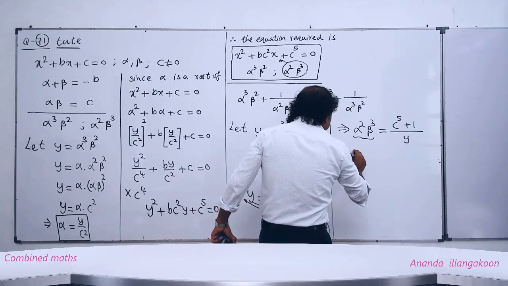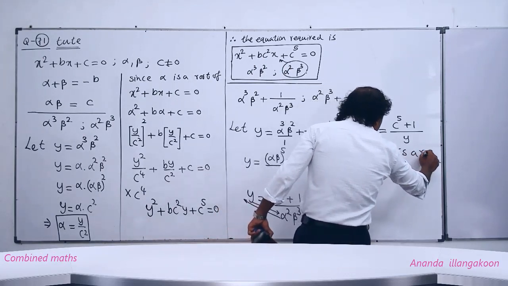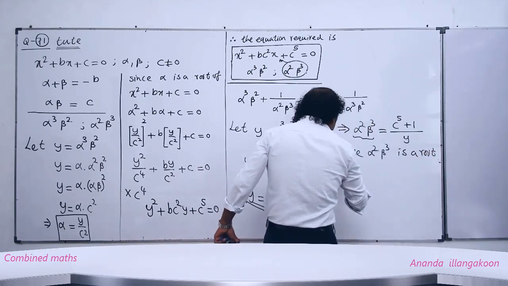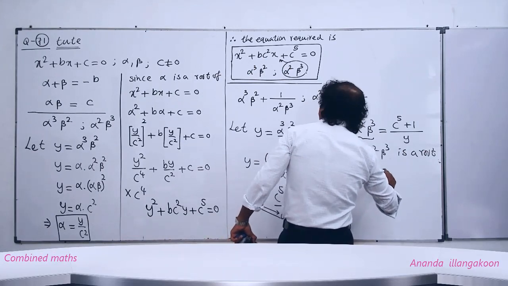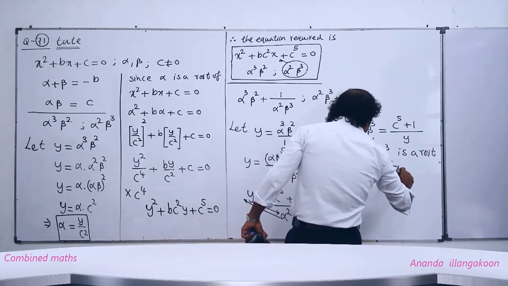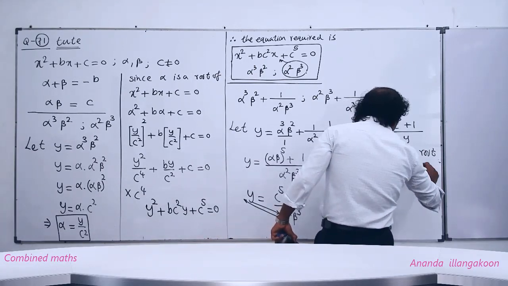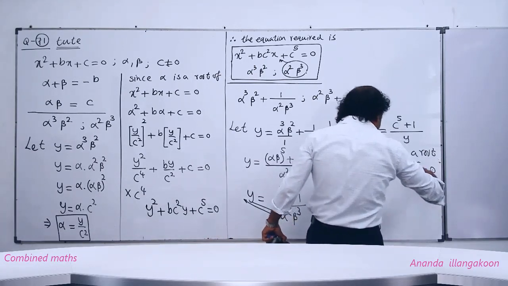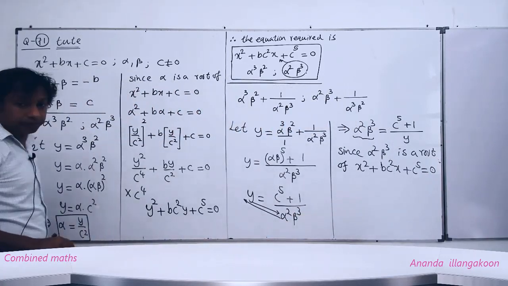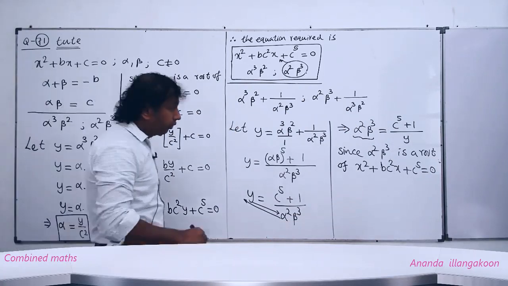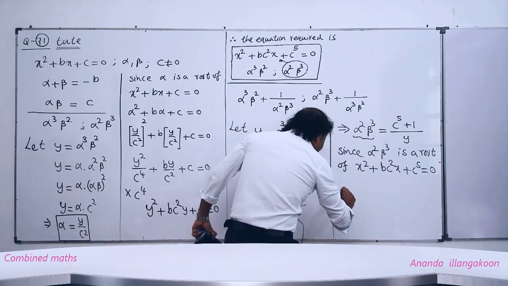Since alpha squared beta cube is a root of x squared plus bc squared x plus c to power 5 equals 0, we can now substitute for x alpha squared beta cube.